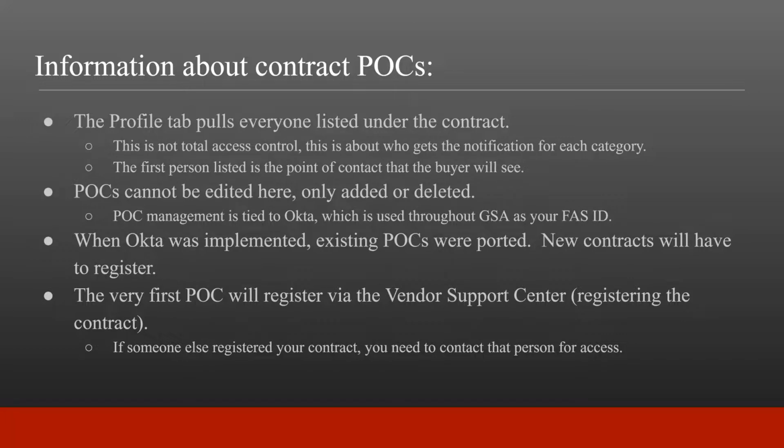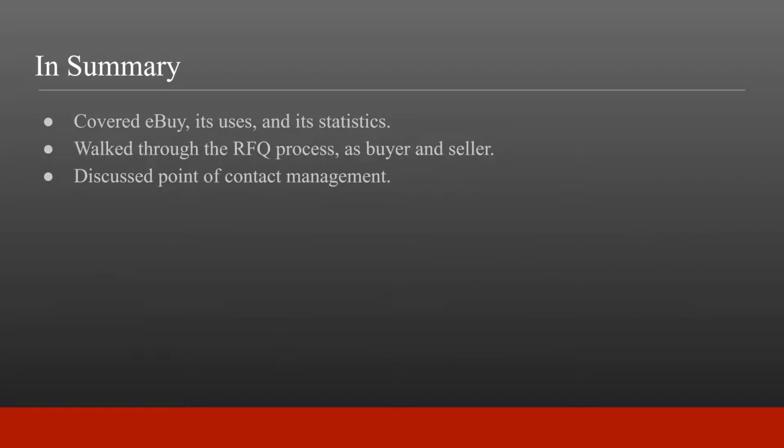New contracts, though, will have to register. So if you are the first point of contact on your contract, you would go to the Vendor Support Center, where there is a link you would click to register the contract. If you find that someone else has already registered your contract for you, you would need to contact that person for them to add you.